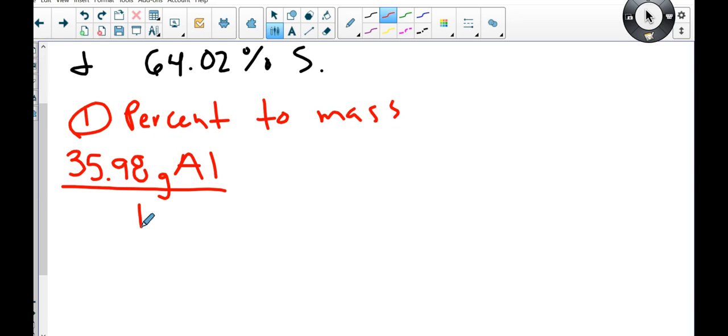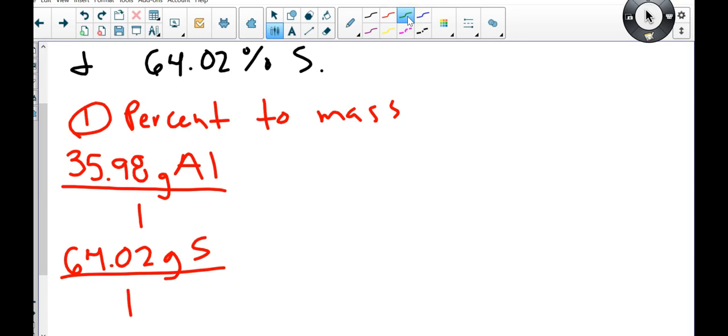Alright, the next thing is we're going to go 64.02 grams of sulfur. So that's percent to mass. That's the first step. And then step 2 is mass to mole. Can you convert both of these to moles in 2 different problems?